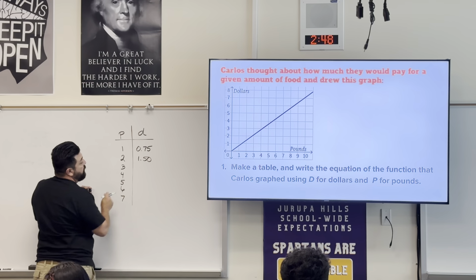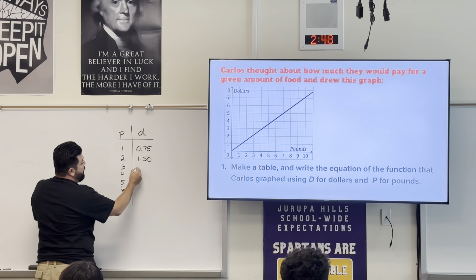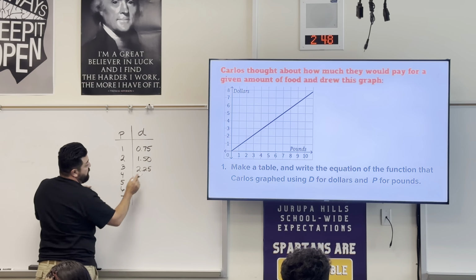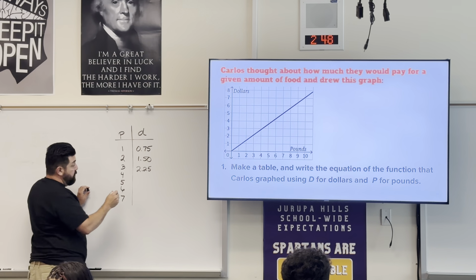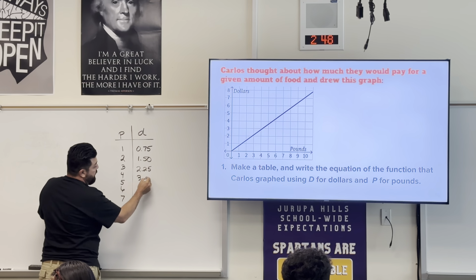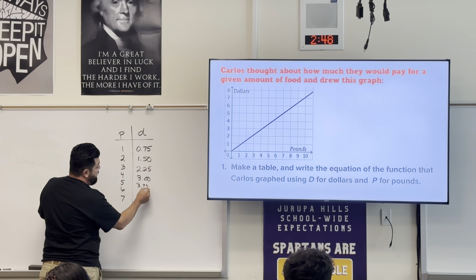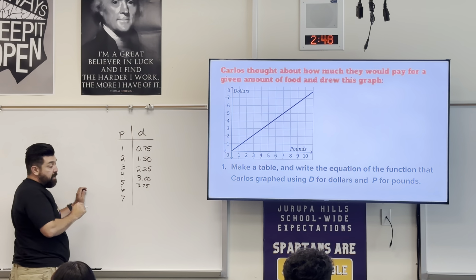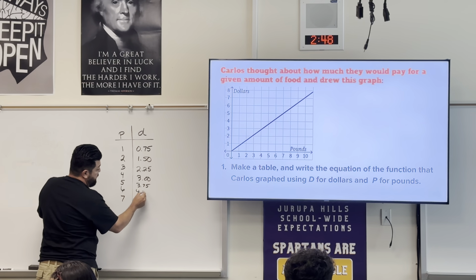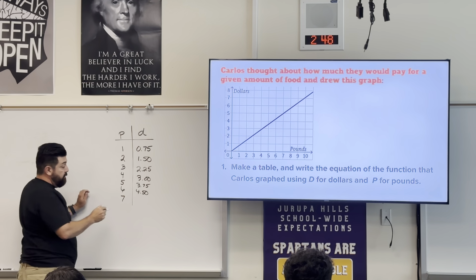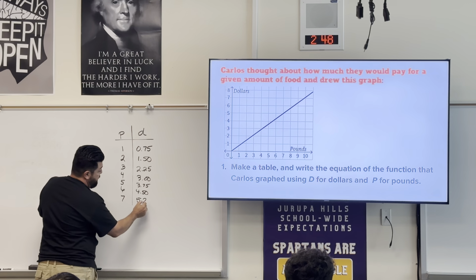What was the next one? 2.25. 2.25? What was the next one? $3. $3 even? Yeah. What else? 3.75. 3.75, okay. 4.50. 4.50, and 5.25. All right.